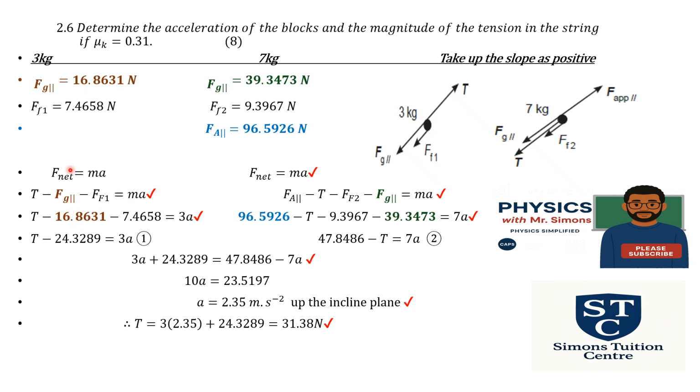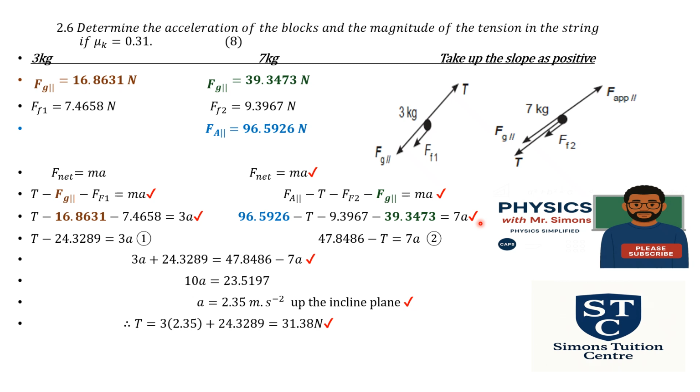Then correct substitution. Fg parallel there was 16,8631 and friction 1 was 7,4658, while the mass is 3 and acceleration simply stays A. On the 7 kg side, Fa parallel was 96,5926 minus my tension minus force of friction, which is 9,3967, minus Fg parallel, which is 39,3473 newtons, equals 7A.